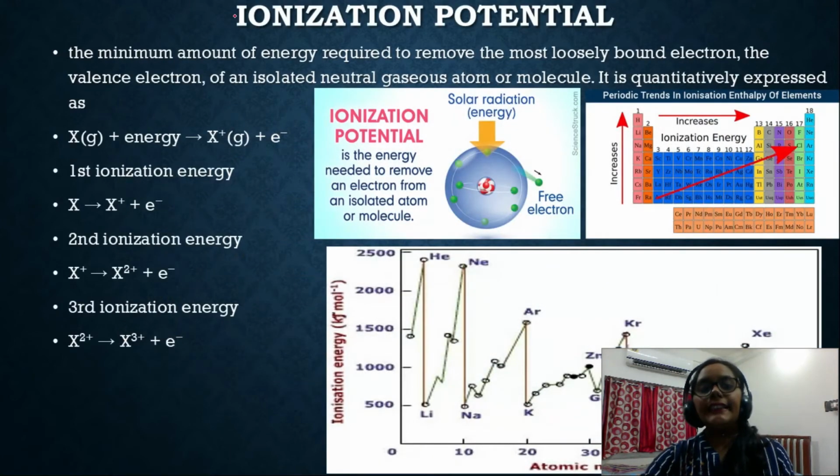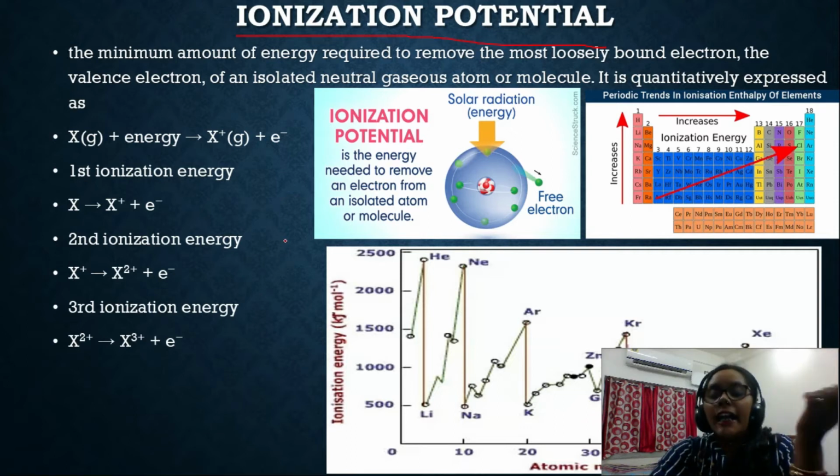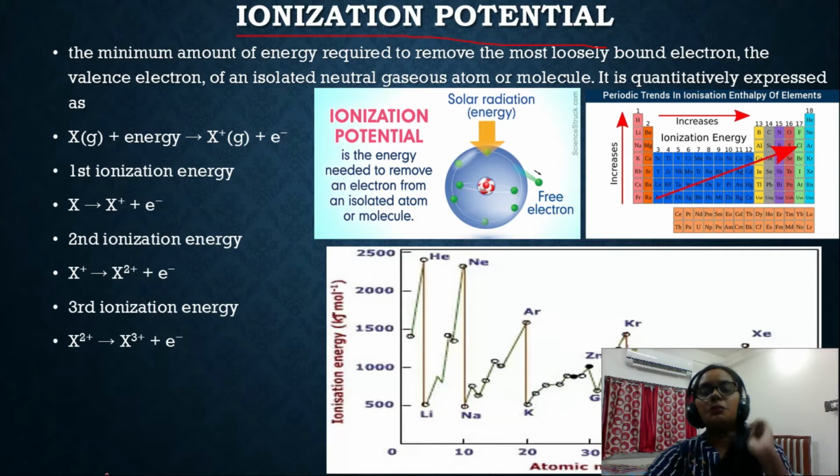Now, one of today's topics is ionization potential. Very important, ionization potential. What is ionization potential? The minimum amount of energy required to remove the most loosely bound electron, the valence electron, of an isolated neutral gaseous atom or molecule.